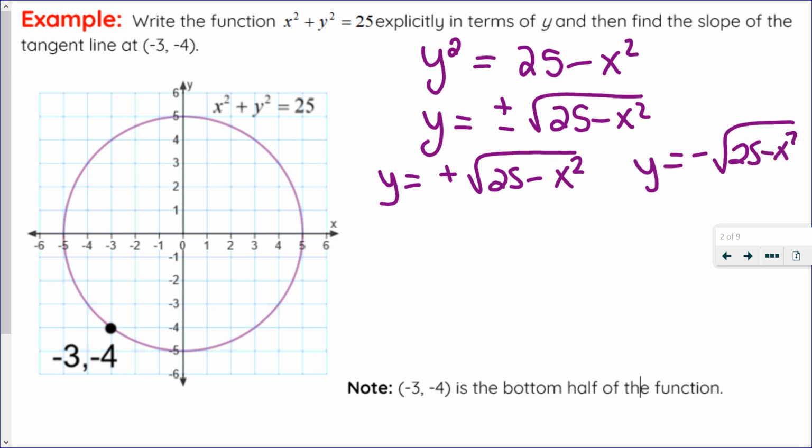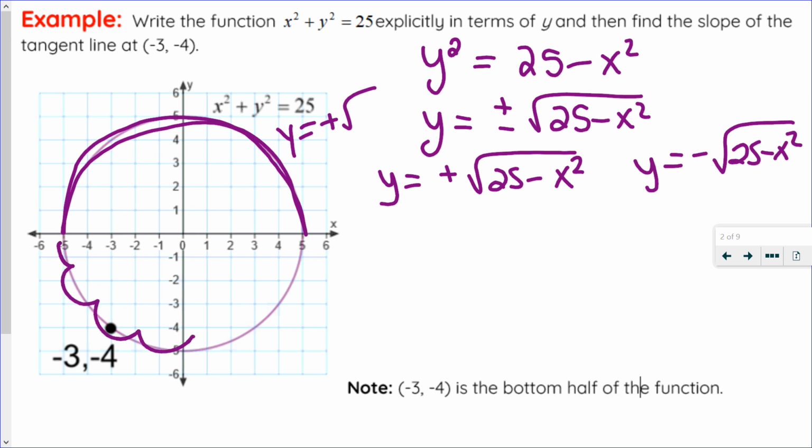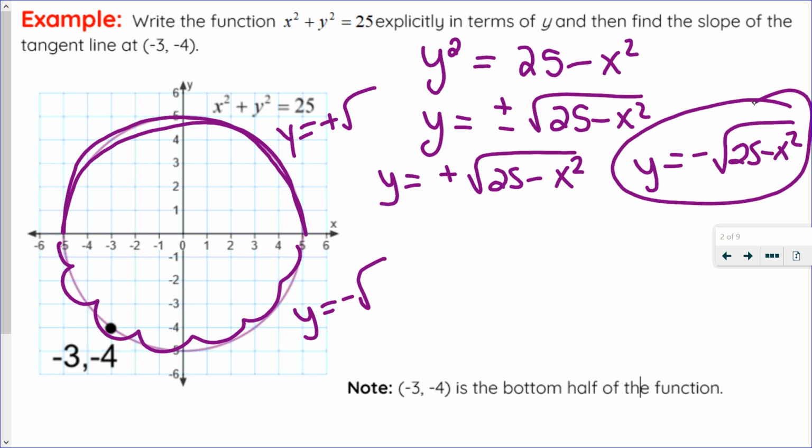Here, the top half is the y equals positive root, and the bottom half is the y equals negative root. Because (-3, 4) is in the bottom half, I am going to use this equation only, and I'm going to find the derivative of that.